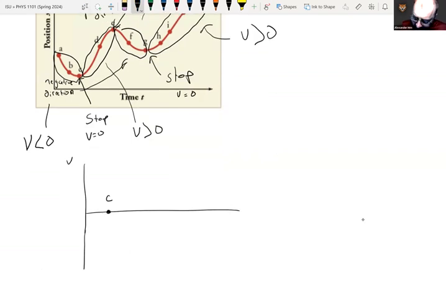We can mark our stops on the time axis, because at times C, D, and G, the thing was stopped. So we'd have D there and then G there. Now, we knew the velocity is negative before C. It's positive after C, but it's got to go back to negative at D, and then it's got to go back to positive at G, at which point it just stays positive.